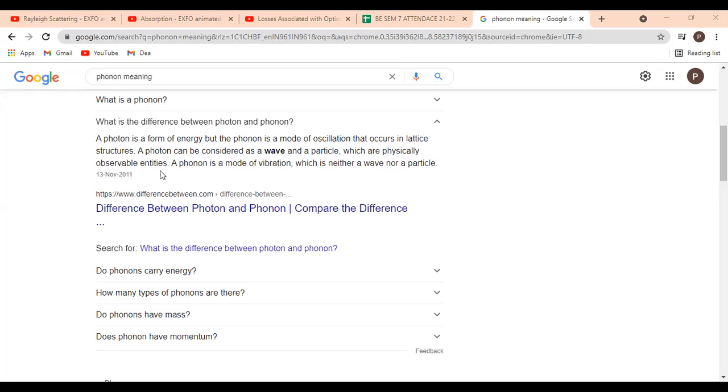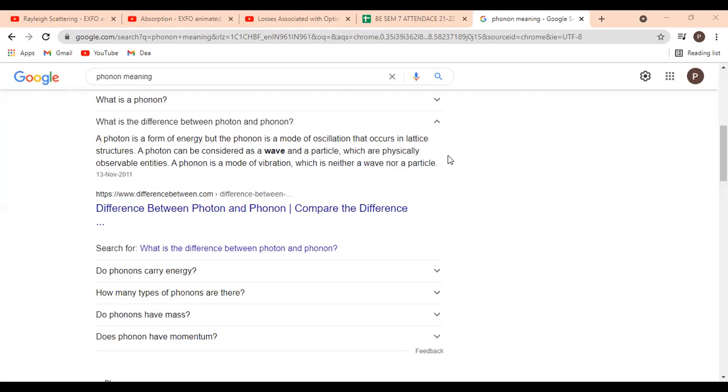I can see a photon of any signal, but a phonon is a mode of vibration which is neither a wave nor a particle. Just read it once, and I hope that will clear what I actually mean by the phonon.